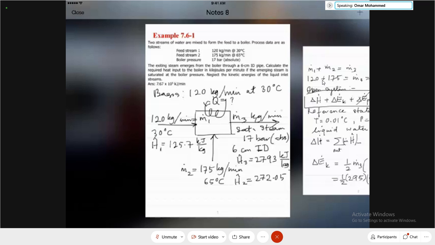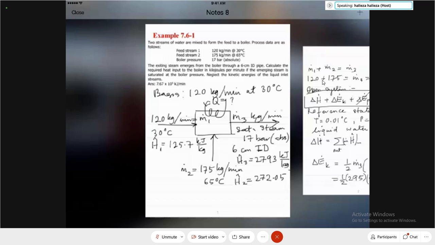We are going to assume that it is water, completely water. It's not a mixture of water and vapor. It's mentioned that it is water because we are given the temperature. So we're going to assume that it is saturated liquid water. Okay, doctor, thank you.